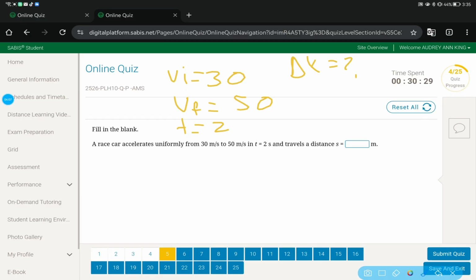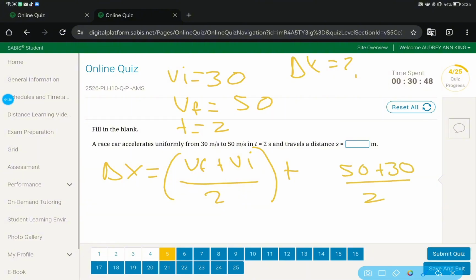Out of all of this, we don't have acceleration and they don't want acceleration. So that's why we're going to use this formula: displacement equals v final plus v initial over 2 times time. After replacing, 50 plus 30 over 2 times 2, you get 80.